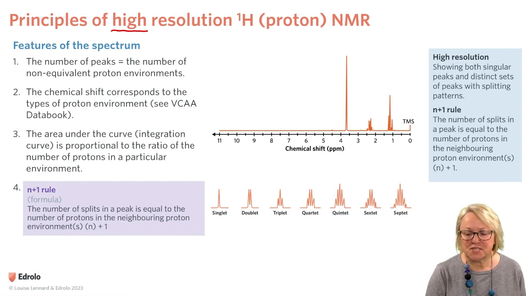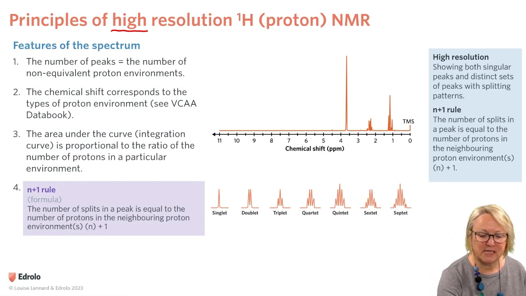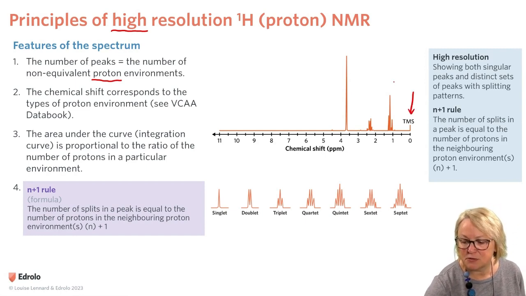So the features of the spectrum, similarly as with the low-resolution proton and 13-carbon NMR, the number of peaks equals the number of non-equivalent environments, in this case non-equivalent proton environments. So excluding TMS, which is our calibration point.